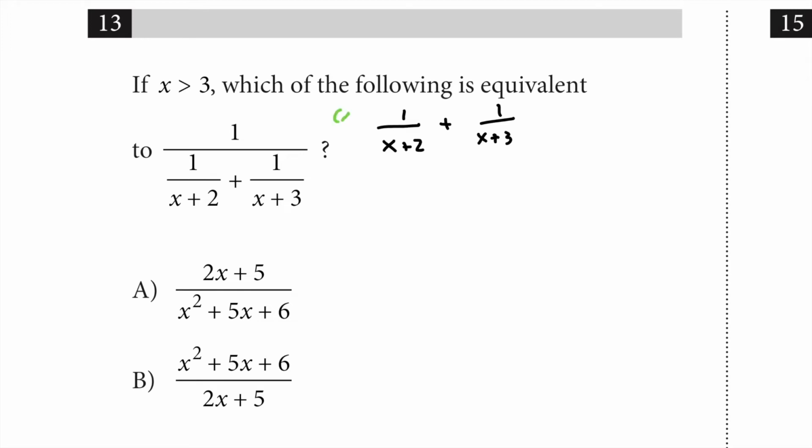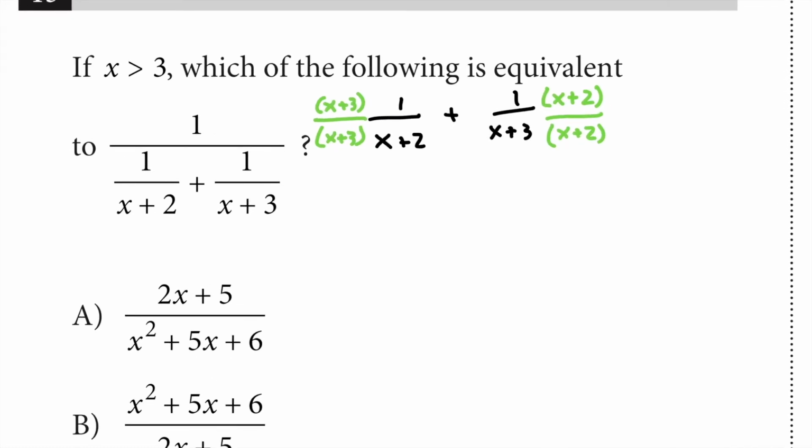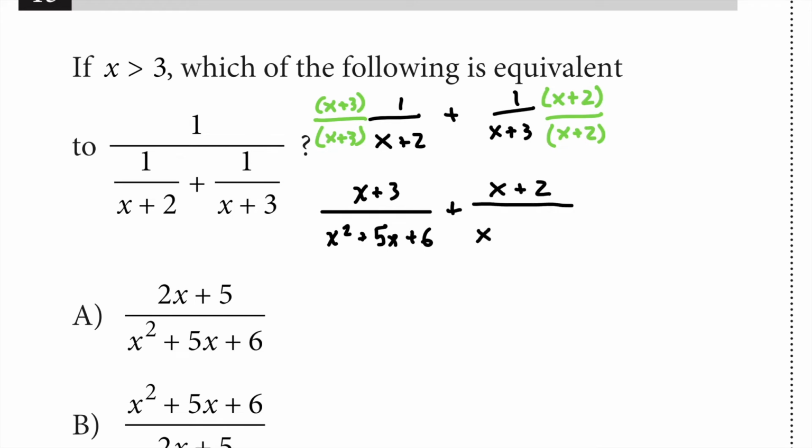So we get x plus 3 over x plus 3, and over here x plus 2 divided by x plus 2. Then when we multiply those together, we get x plus 3 over x squared plus 5x plus 6 plus x plus 2 divided by x squared plus 5x plus 6.